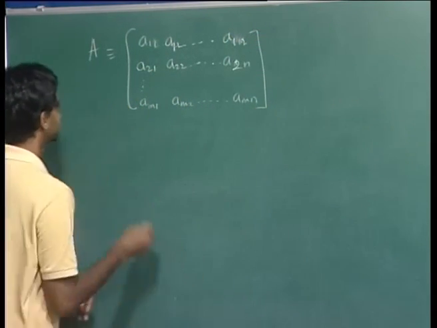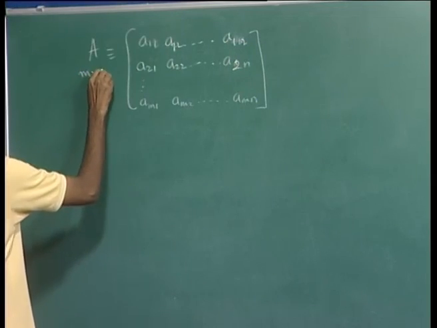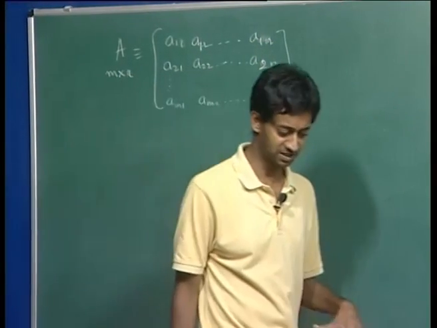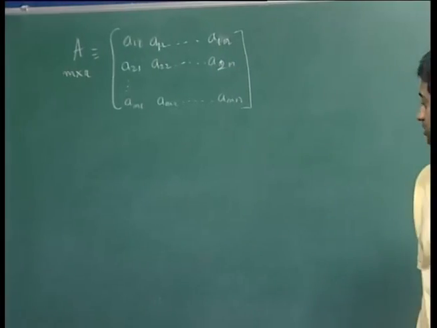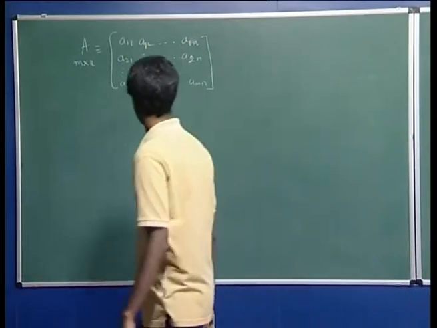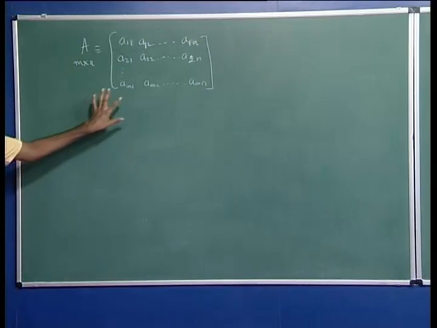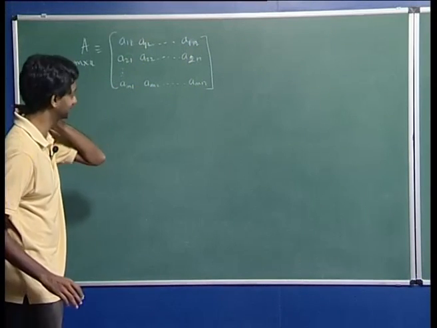So, you have an m by n matrix, and you are asked to determine its rank. Okay. So, the first thing is you have to find out how many rows or columns are linearly independent.